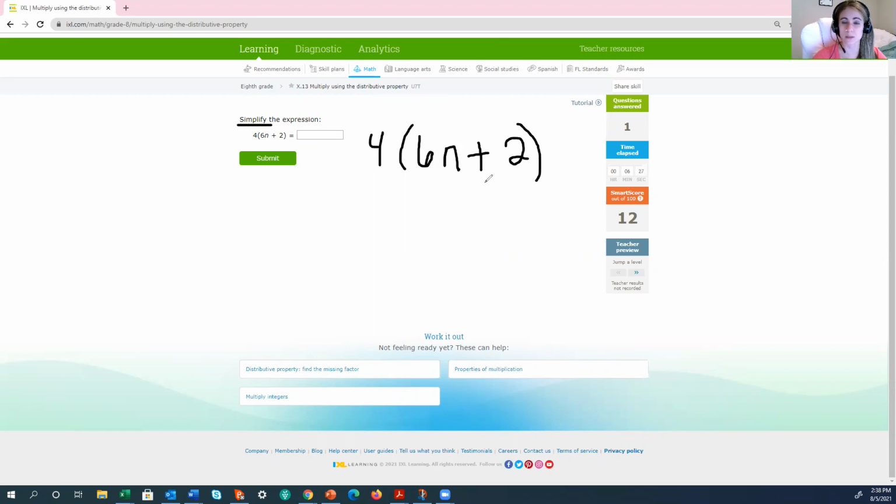Can I add 6n plus 2? Nope, they're not like terms, but I do see that there's something being multiplied outside of the parentheses, and that signals distributive property. We're going to multiply that 4 by everything inside the parentheses.